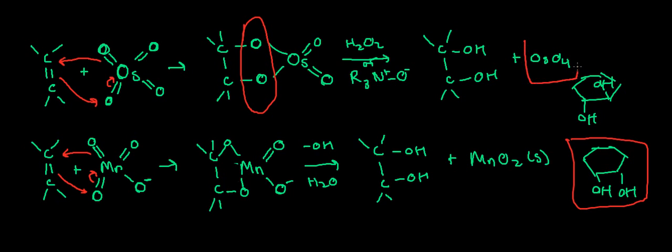So we don't really need a lot of this stuff because whenever we hydrolyze this, it's regenerated. The permanganate one, we hydrolyze the bond as well, but it turns into a solid. So this can be good or bad for us depending on what the reaction is.